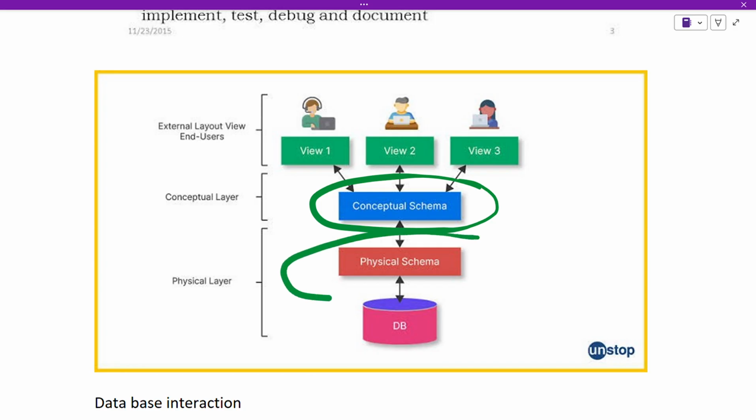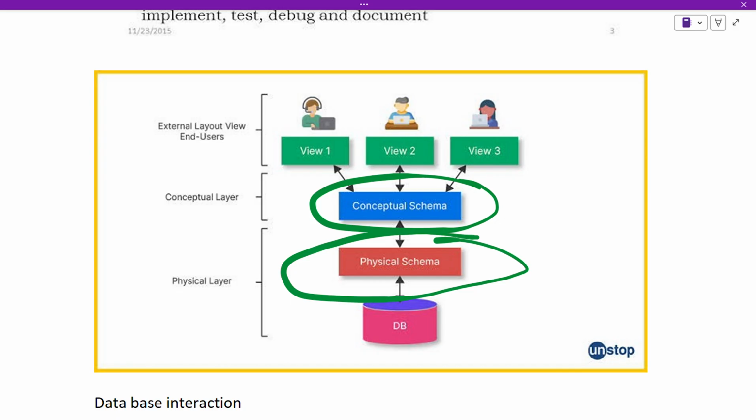And then we have the physical schema. So physical schema is just about how we store it in the database. So here we are concerned with how we use indexing, how we use B trees, B plus trees, the blocks, segmentation, and all these things.